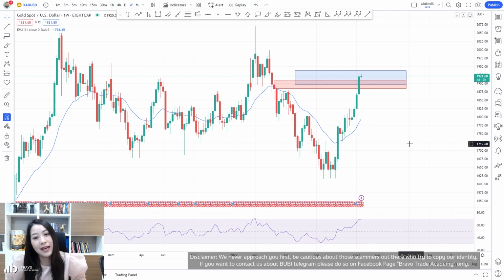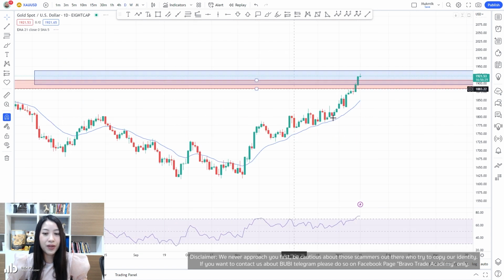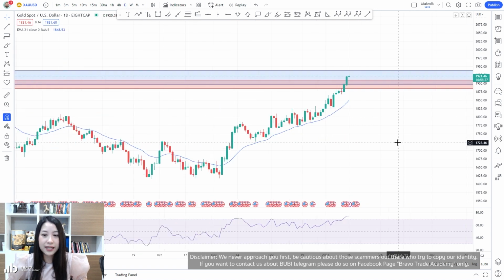So in this daily time frame, what we can tell is that you can still go for a buy even though you are in the QM sell region. It is because the momentum and the price action tell us that the price could still go back up.